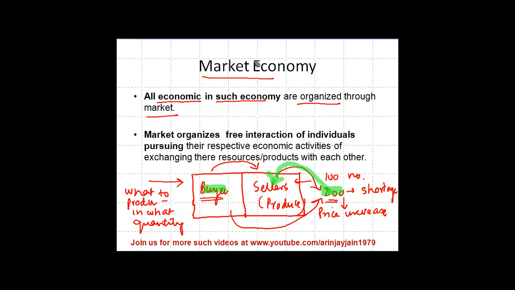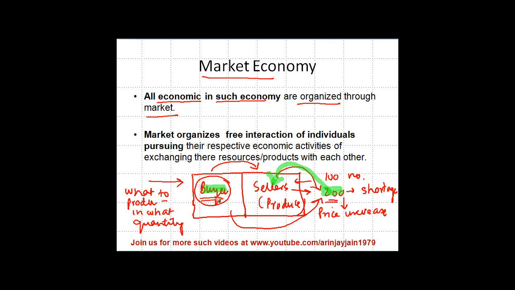Of course, the consumption again depends on the purchasing power of the buyer, whatever money he has. And the allocation of resources is also governed through this route. So the market organizes free interaction of individuals. Who are these individuals? These individuals are the buyers and the sellers pursuing their respective economic activities of exchanging their resources.